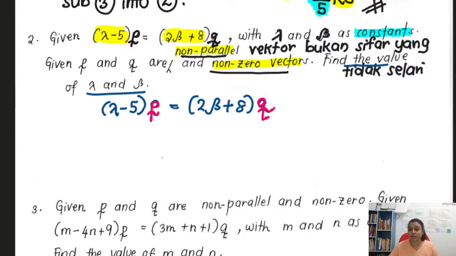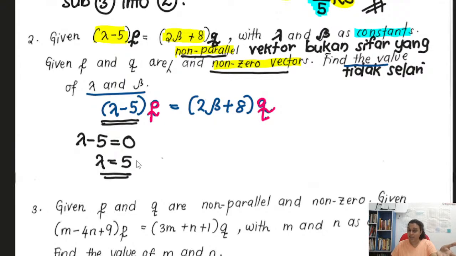Why teacher, you samakan dengan kosong? Only when you samakan with kosong can you find the value. It sounds a bit tricky, right? Why teacher, you make it equal 0? Take this equation, kita ambil lambda tolak 5, kita samakan dengan kosong. When you make it equal 0, you can get the lambda.